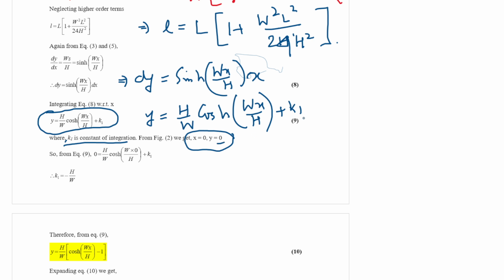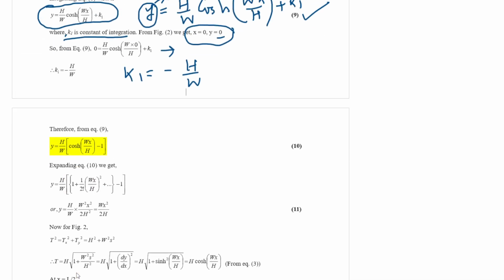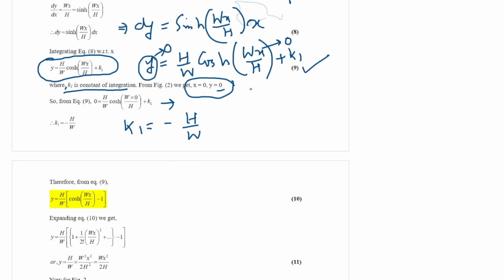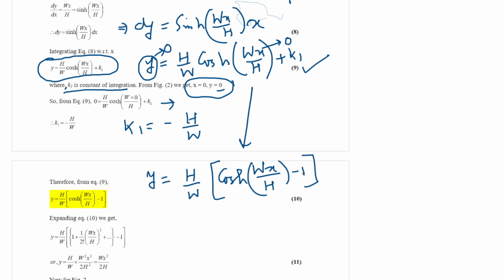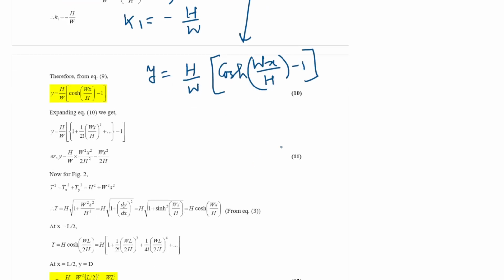So from equation 9, if we put y is equal to 0 and x equal to 0, we get k1 as minus h by w. So if you substitute, y is equal to h by w within brackets cos hyperbolic wx by h minus 1. So this is equation number 10.